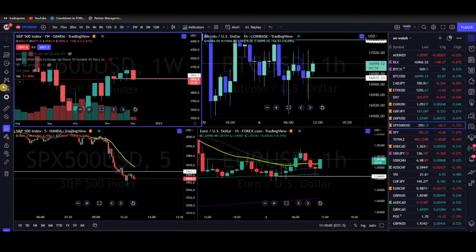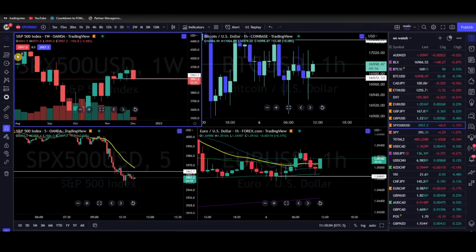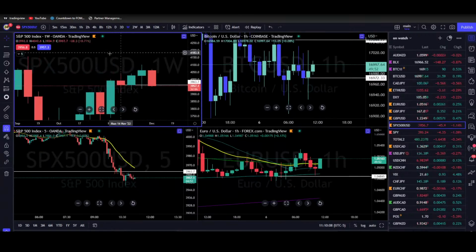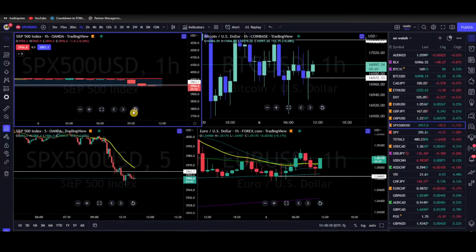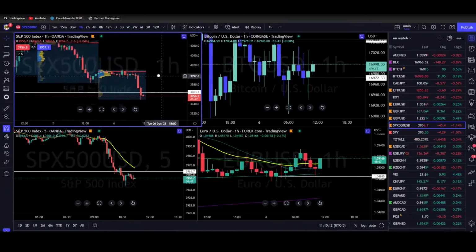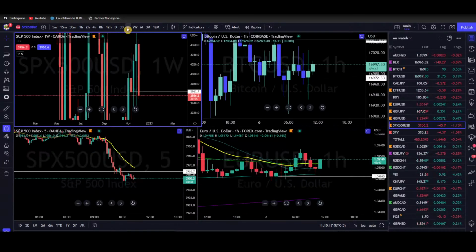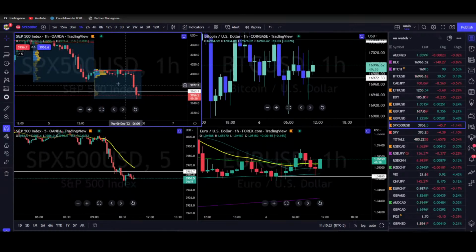But that's all right because our risk was mitigated. Yeah, it's not looking good. Struggling down here at weekly support. So we'll see how it closes today.